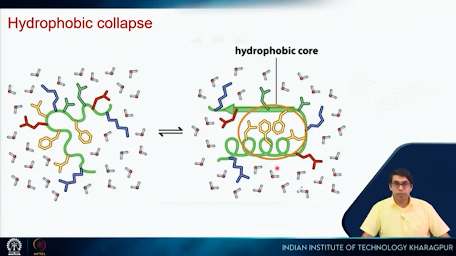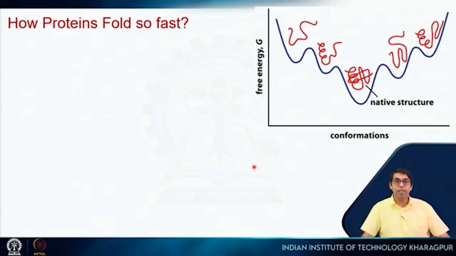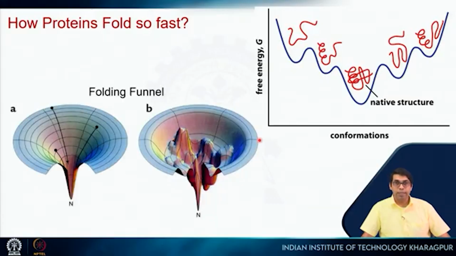This sampling of only a few conformations is very elegantly shown by something called the folding funnel. We have seen this energy diagram, where free energy is plotted on the y-axis and conformations on the x-axis. Instead of just one axis, we can have two axes, x and y, for conformations, and the z-axis for the energy, and that gives us a diagram like this, which is called a folding funnel. Let's say the unfolded structure is here, which is energetically very high.